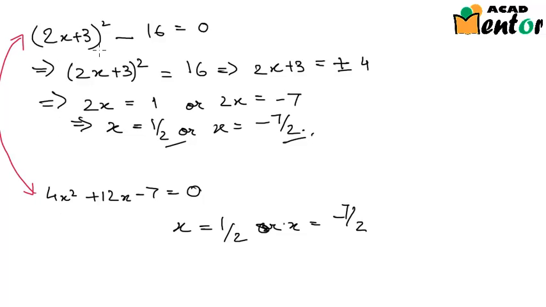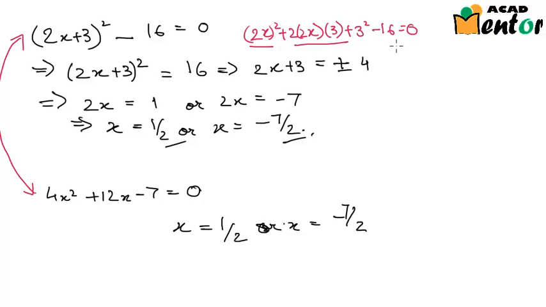Just expand 2x plus 3 whole square and we would have 2x whole square plus 2 times 2x into 3 plus 3 square minus 16 equal to 0. This would be 4x square plus 12x.